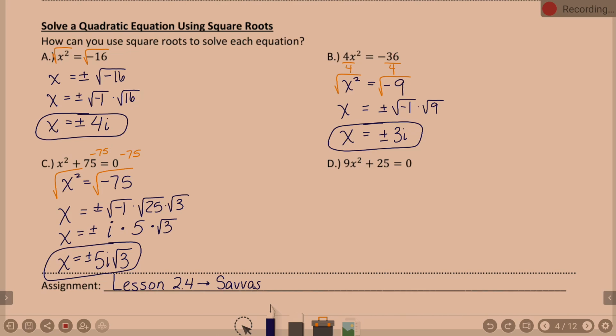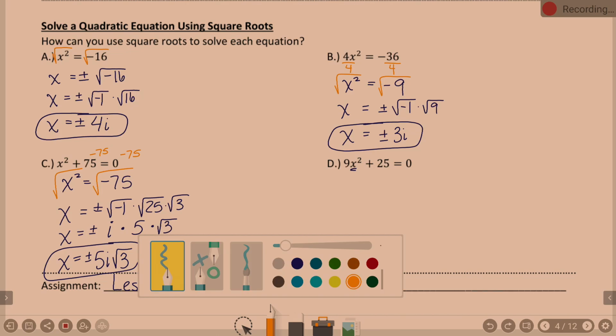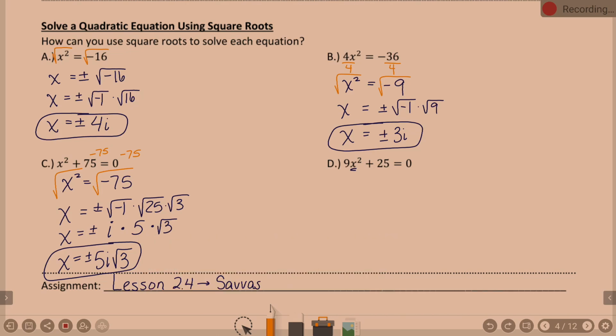Okay. So, D, what kind of steps do we have to start off doing? Our job is to get x squared by itself. What do we need to do first? It's 9 times x squared plus 25. I wouldn't divide by 9. I would start off subtracting the 25 first. It's going to make life a little easier that way.